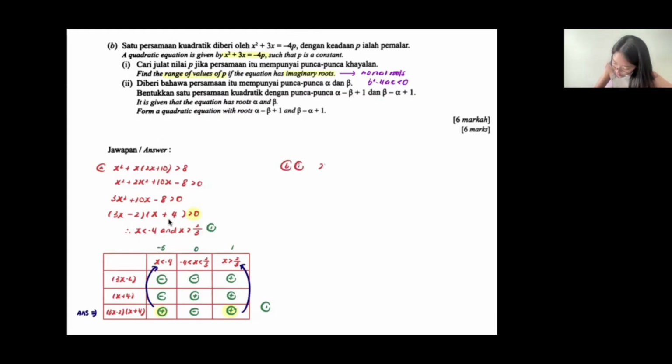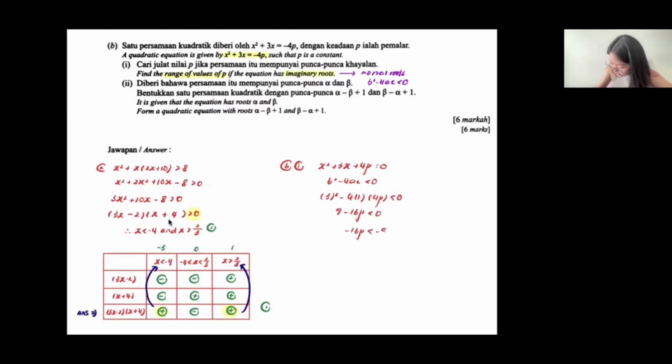So B part 1. Let us rearrange back to general form first. So plus 4p equal to 0. So b squared minus 4ac lesser than 0. What's your b? 3. A, 1. C, the whole thing, 4p. Lesser than 0. So we have 9 minus 16p lesser than 0. So negative 16p lesser than negative 9.